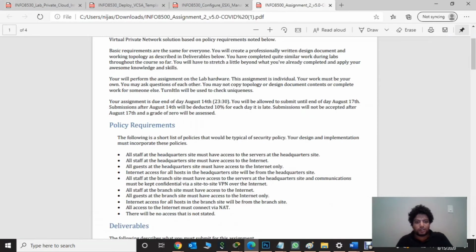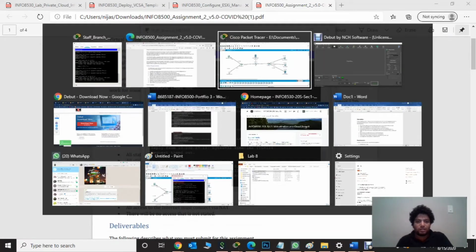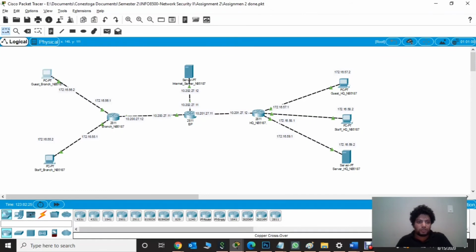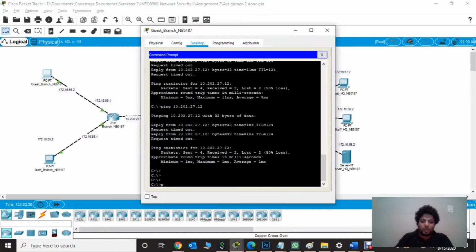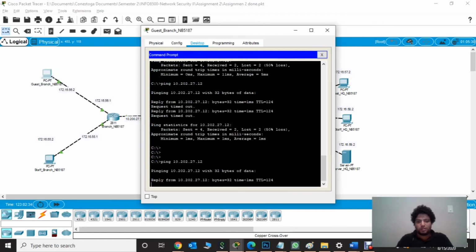Now, the next condition: the guest at the branch site must have access to the internet only. Going to the guest PC, I'm going to try pinging from the guest PC to the internet. Bingo.